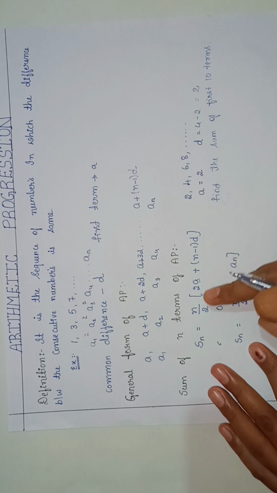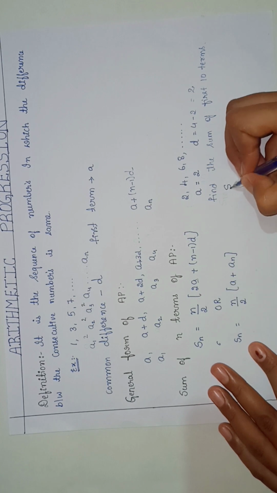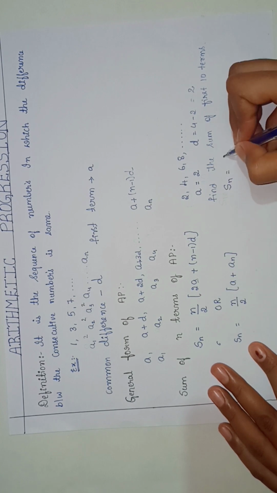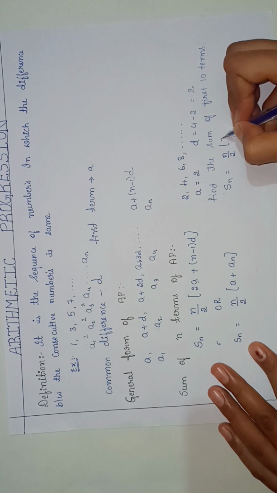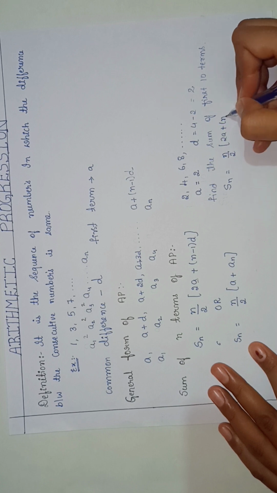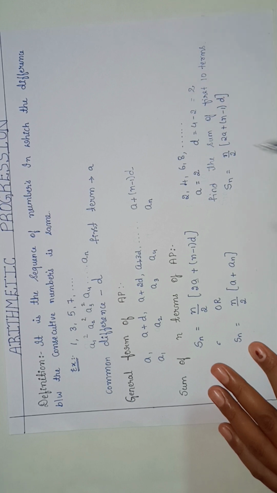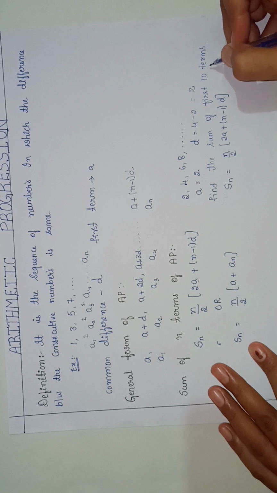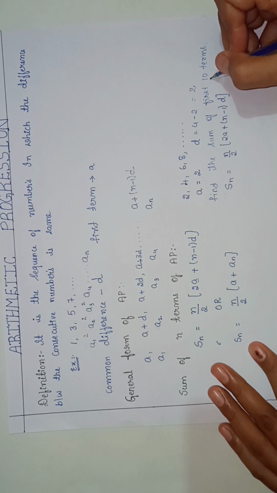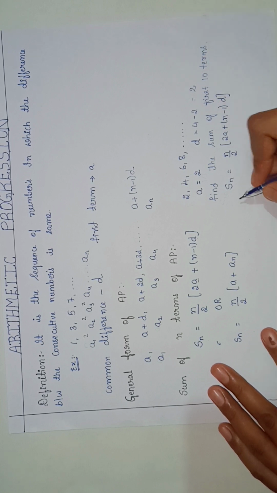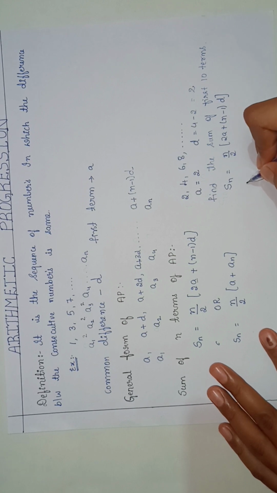So we will use this formula: Sn is equal to n by 2 times 2a plus n minus 1 into d. Now look, what is n? It is nothing but the number of terms. How many terms are given here? The first 10 terms. So our value of n is equal to 10.